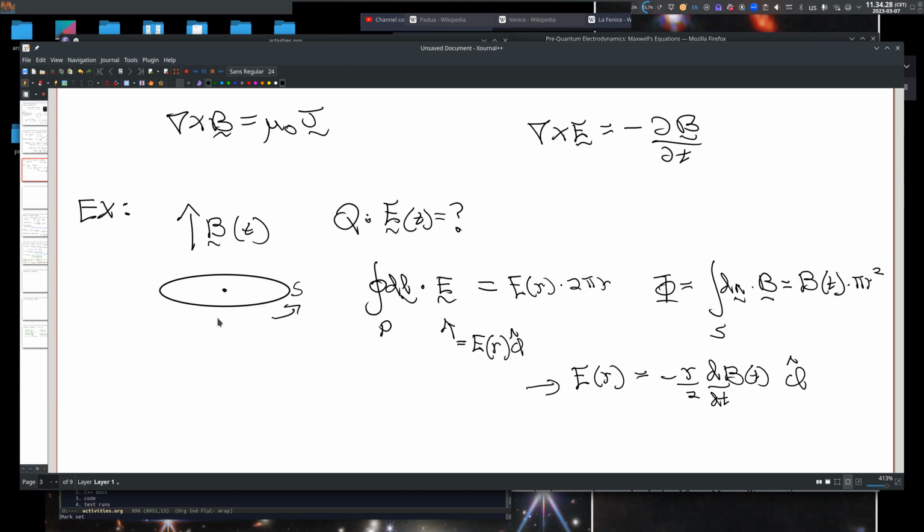Real life now, does this have to be like a metal plate or no? Nothing, air, vacuum? No. So the question is, does this require the presence of matter in there? No. This occurs in vacuum.